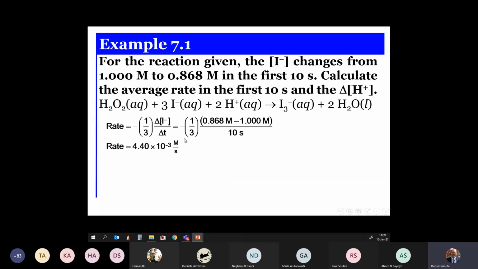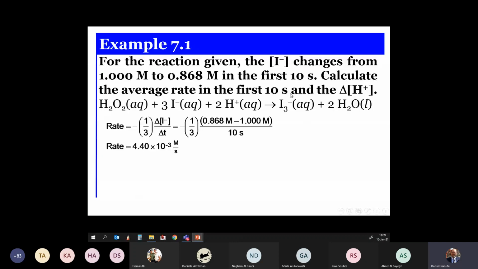Okay, we apply the rate of the reaction. We apply the relation: the average rate of the reaction is related to the average rate of H2O2 divided by 1, equals average rate of I minus divided by 3, equals average rate of H plus divided by 2, equals average rate of I3 minus divided by 1, equals average rate of H2O divided by 2.